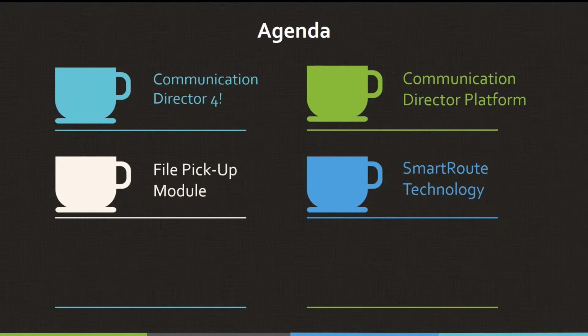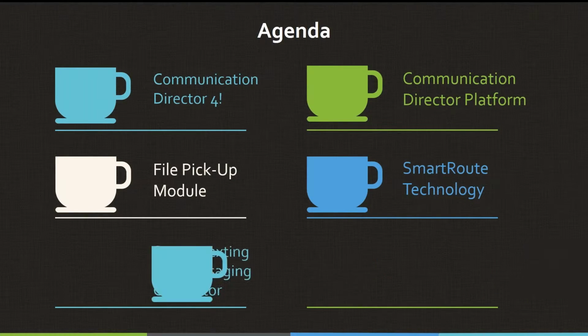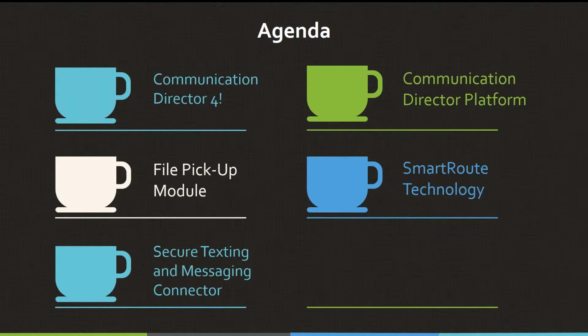Next, he will talk about the intelligent routing capabilities of Communication Director using our SmartRoute technology. Finally, Jeff will explain the convenient and efficient delivery of report notifications sent automatically to smartphones. Lastly, we will have a Q&A session at the end. And with that, I will pass it over to Jeff.